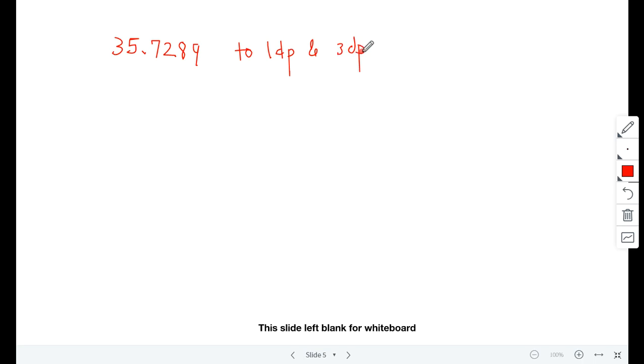So basically, if you see truncating, it's basically rounding off. You just have to round off the number. That's the conclusion. So if you see the first one, if you have to truncate to 1 decimal place, first you tell me what will be the answer. 35.7.